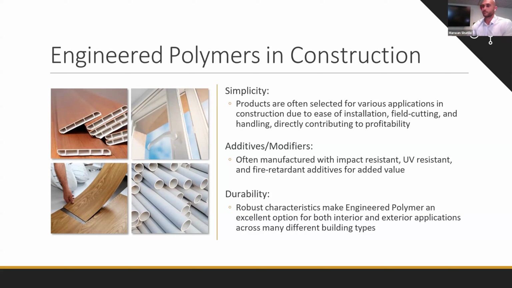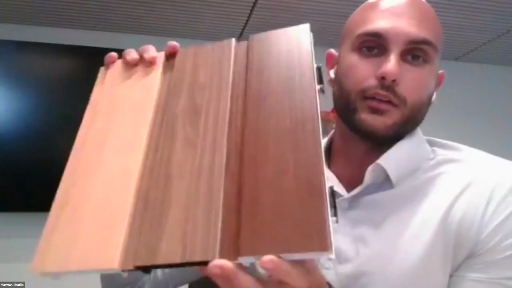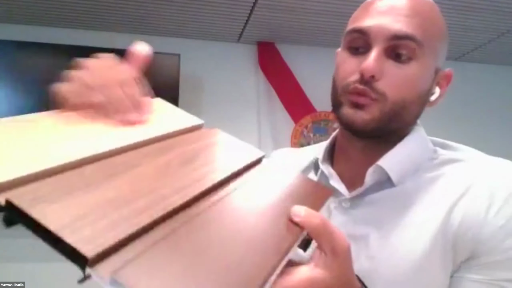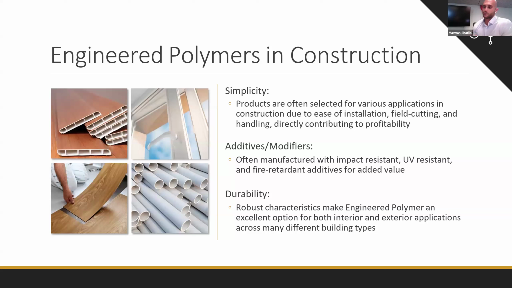This is a very, very simple profile to manufacture. We are extruding base material, and if you are desiring a wood grain finish, we just apply a high-grade wood grain finish to that. This helps simplify the manufacturing process, where you just have dies and tools to extrude product, and helps with the emissions as well.